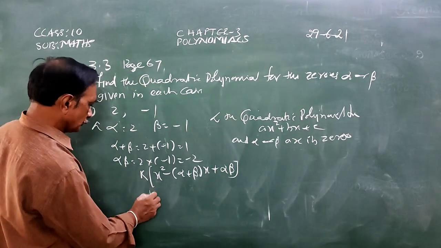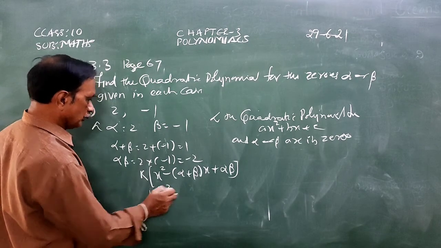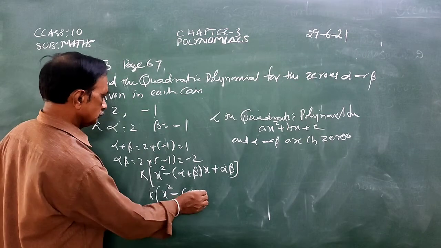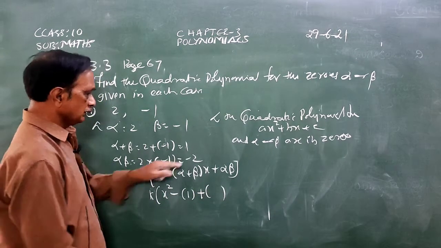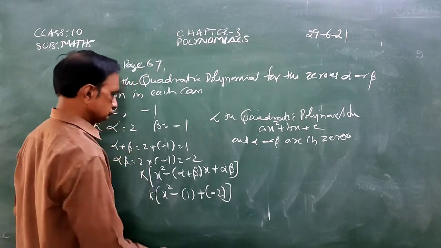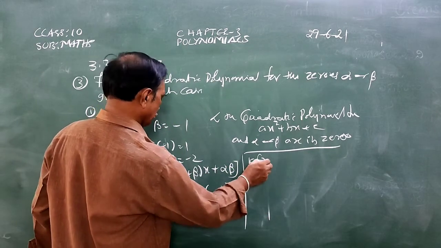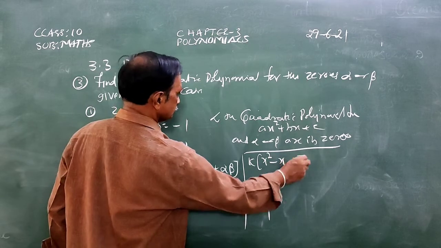So k into x square minus half. What is alpha plus beta? 1. And what is alpha into beta? Minus 2. So now k into x square minus x minus 2.